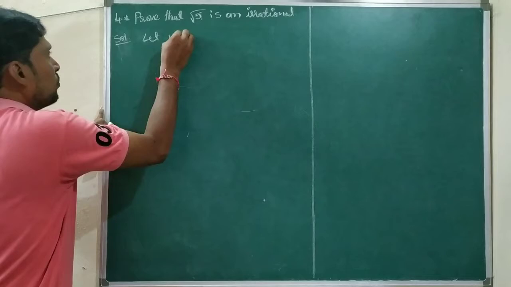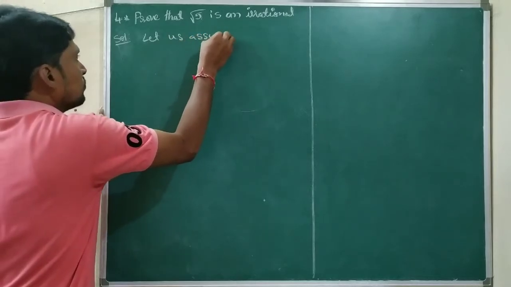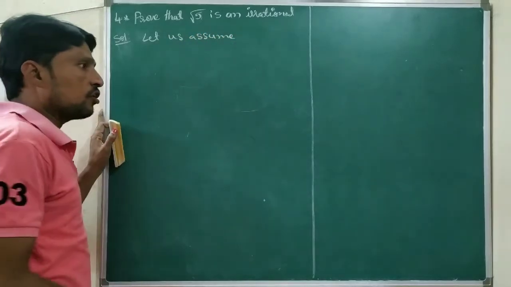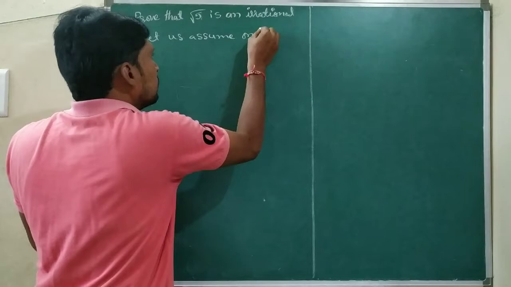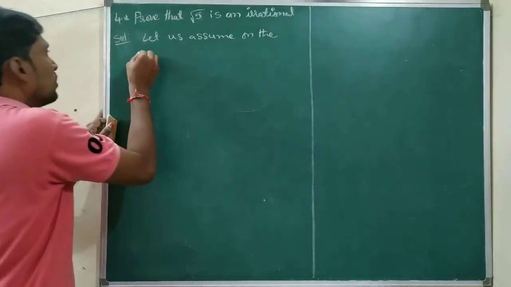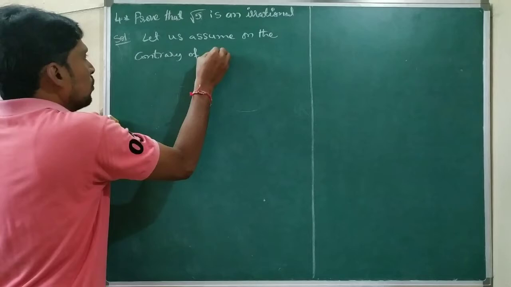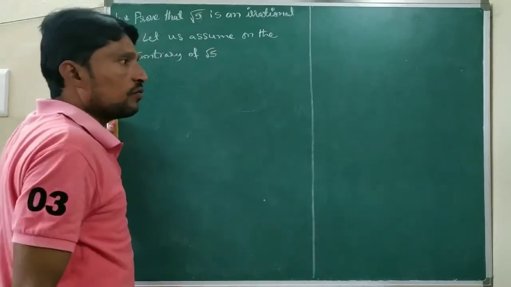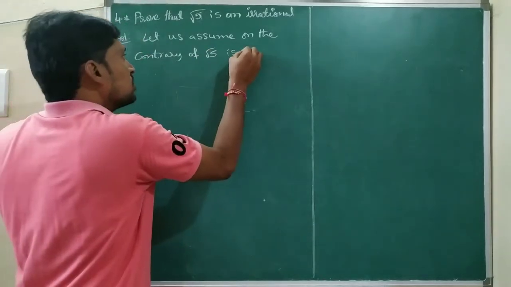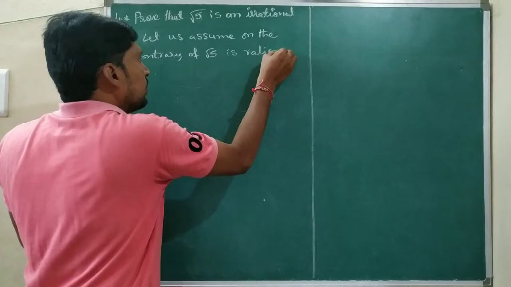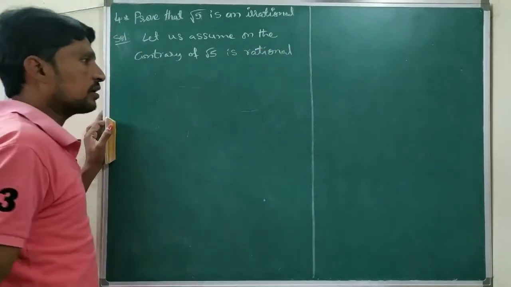Let us assume, on the contrary, root 5 is rational. Root 5 is a rational number we are taking.